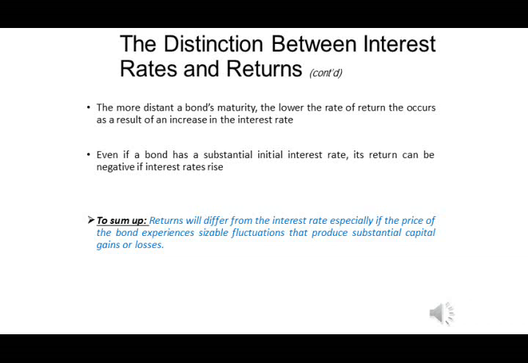Even if a bond has a substantial initial interest rate, its return can be negative if interest rates rise. To sum up what we have said, returns will differ from the interest rate, especially if the price of the bond experiences sizable fluctuations that produce substantial capital gains or losses.